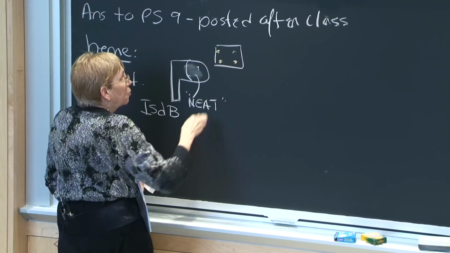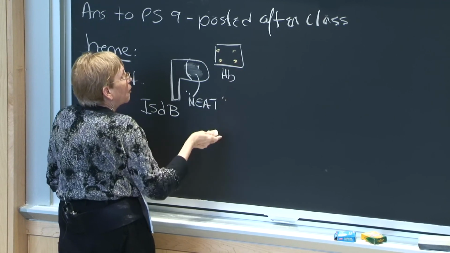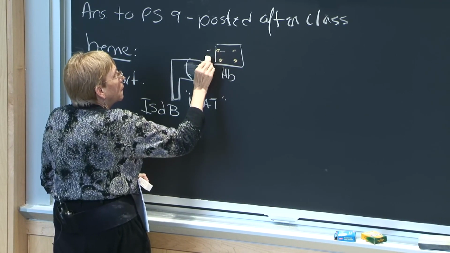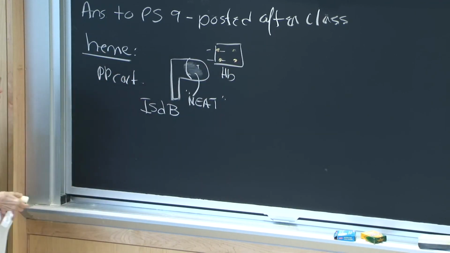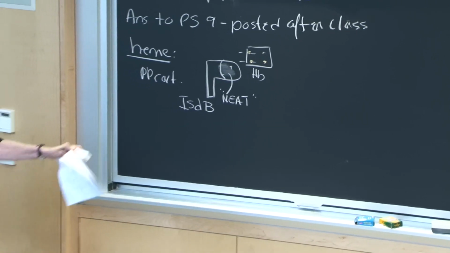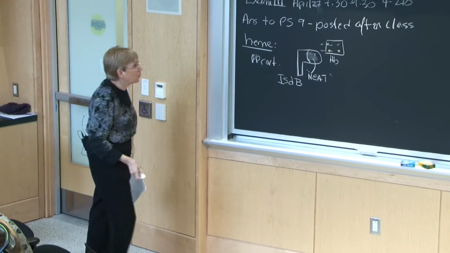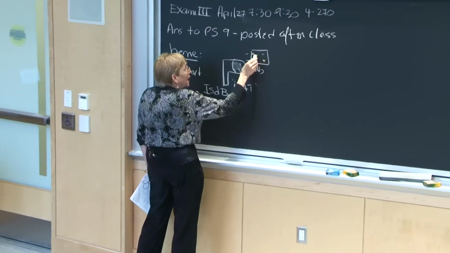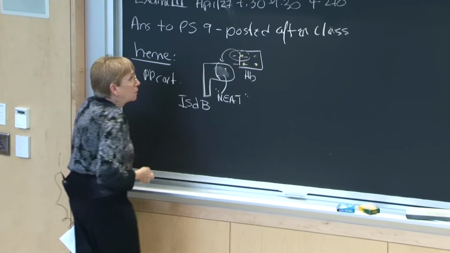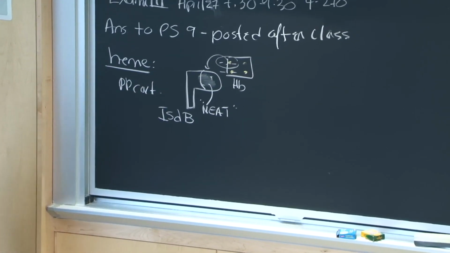is you have hemoglobin, and somehow, and I'm going to indicate heme as a ball of orange with a little planar thing, that's the protoporphyrin IX, okay, are you all with me? Then somehow this gets sucked out into the NEAT domain.